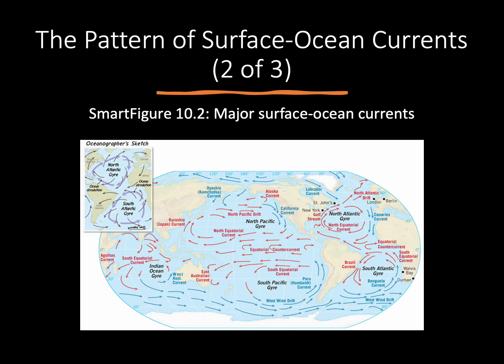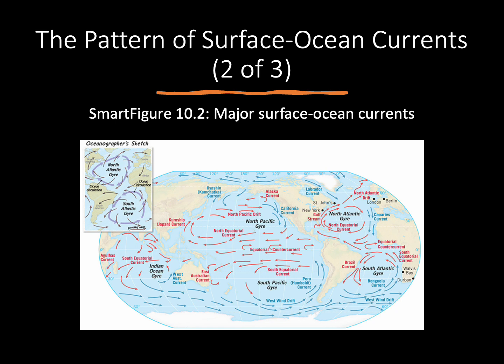But like most things with earth science, it's not quite as simple as the way that the textbook actually draws things. We saw the gyres on our last couple of slides, but this image is better at showing us how the water is actually moving. In addition to these 5 major gyres, we have smaller currents that move across the surface of our oceans.